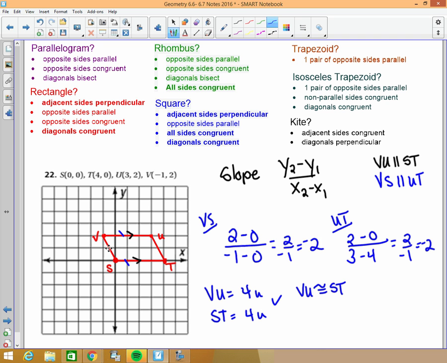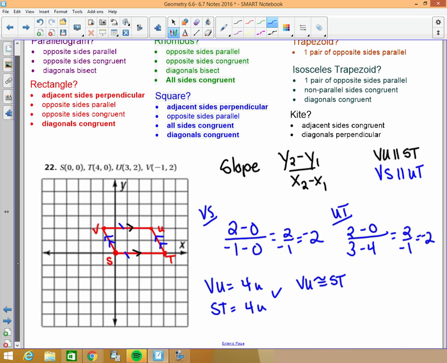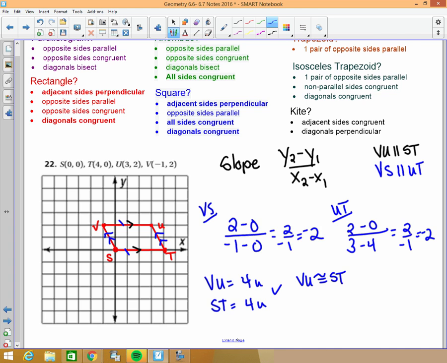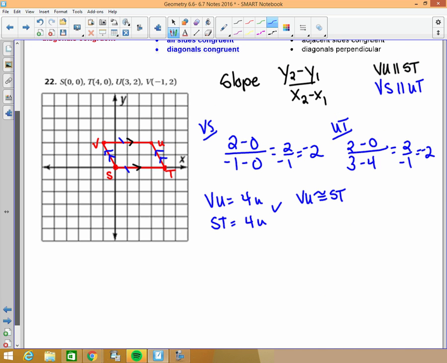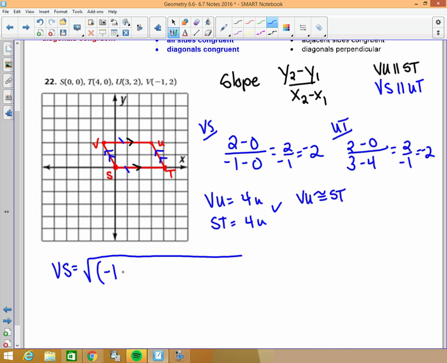VS and UT congruent? Okay, well, for those, I'm going to have to use the distance formula, right? So let's find the distance for VS. Remember the distance formula? Okay, so what's the x coordinate for V? -1.